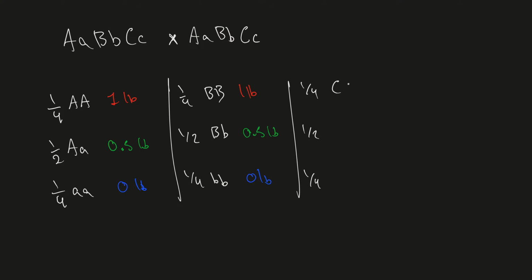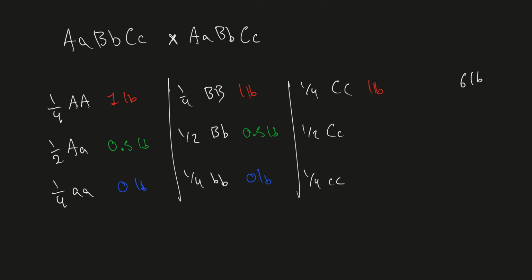Now, how do we calculate the probabilities of each and every weight? We could just do a branch diagram for every single one, but that would be way too much because we can have different combinations that give us the same weight. For example, if we combine big A, big B, big B, and big C, we get the maximum weight, and that would be our 6 pounds.